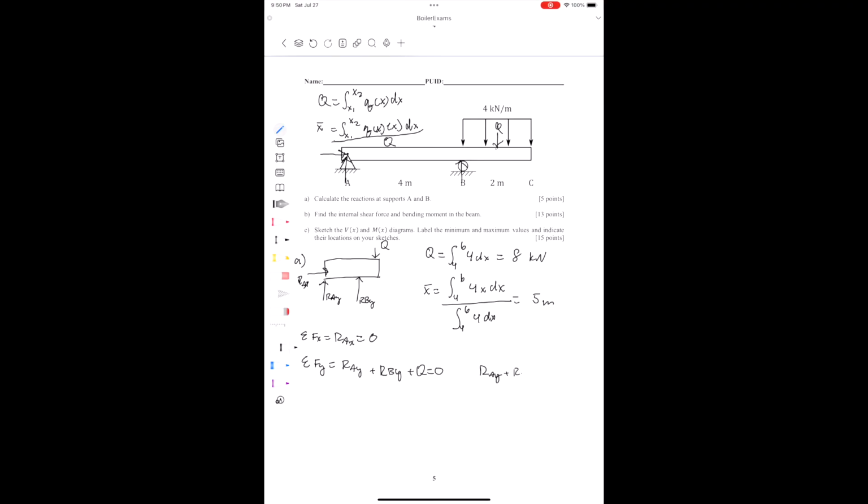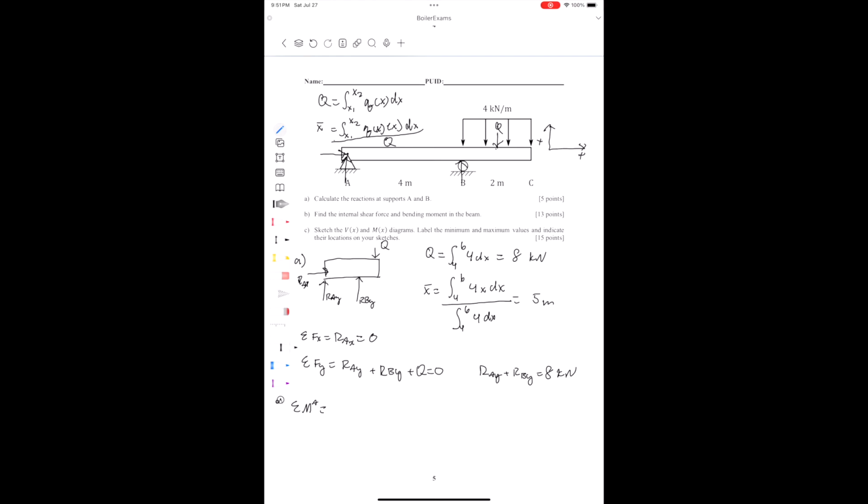That's going to give us RAY plus RBY equals 8 kilonewtons, because remember that your Q force is negative because it's pointing down. I suppose I should have done this earlier, but we'll define up as positive and right as positive.